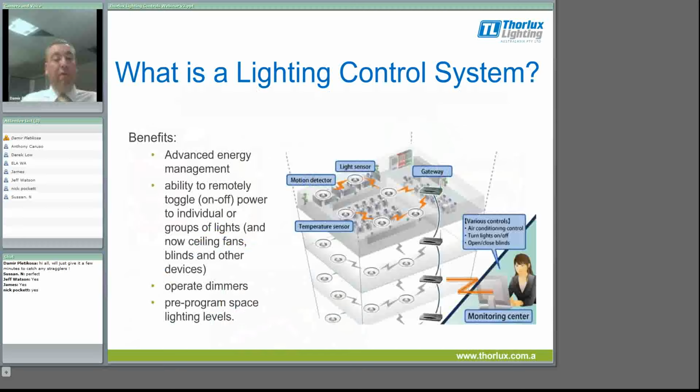The benefits of lighting controls: obviously it gives us advanced energy management, the ability to power on and off individual or groups of luminaires. Nowadays we're also including ceiling fans, blinds, air conditioning and other devices along with that.